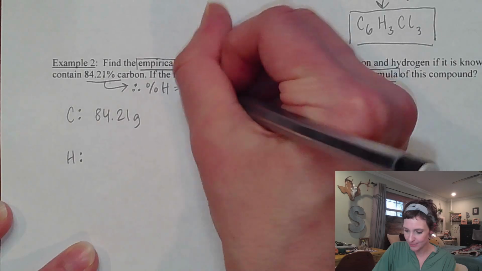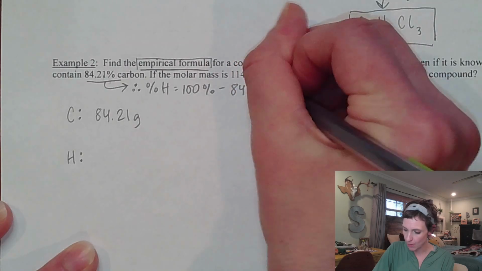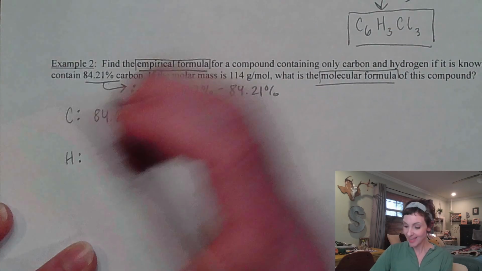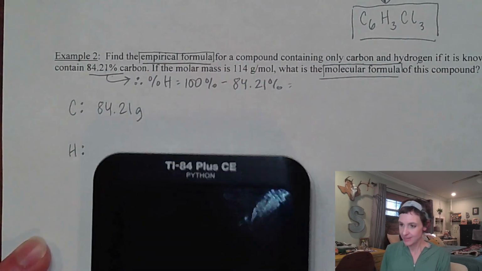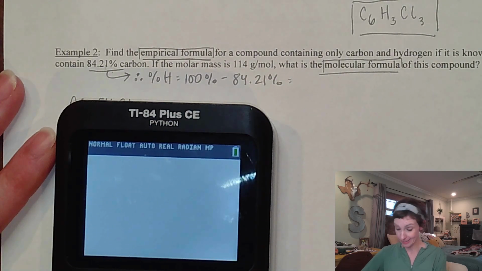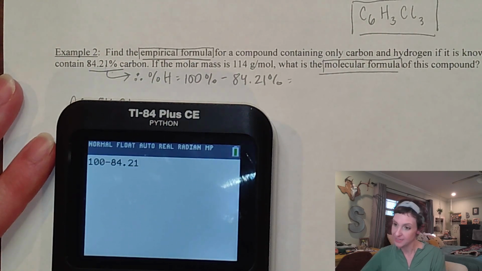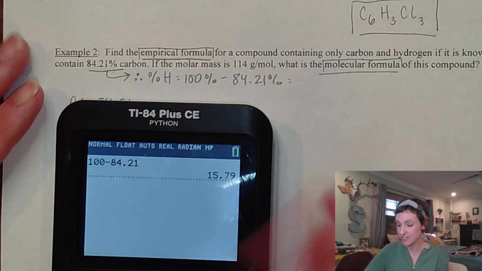So 100% minus 84.21%. And that should give me the percent for hydrogen in that compound, assuming I can type things into my calculator, which I've struggled a little bit with today. We will see how successfully I can work through this problem.